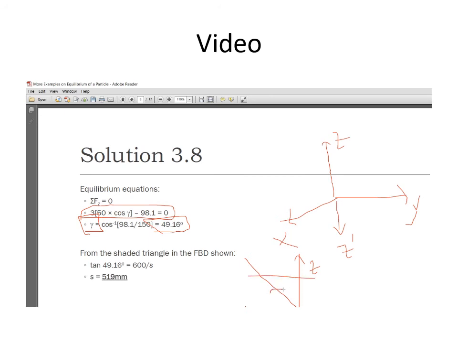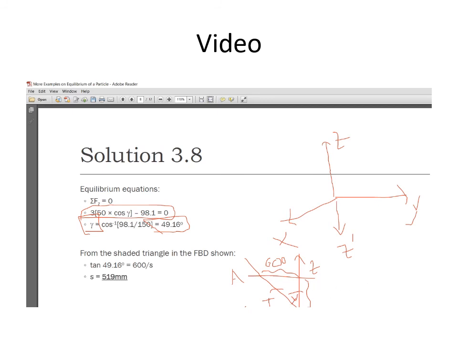the tension force is working here, this is the O point, this is the A. We have got the perpendicular distance, which is 600, and the horizontal distance and the gamma angle.